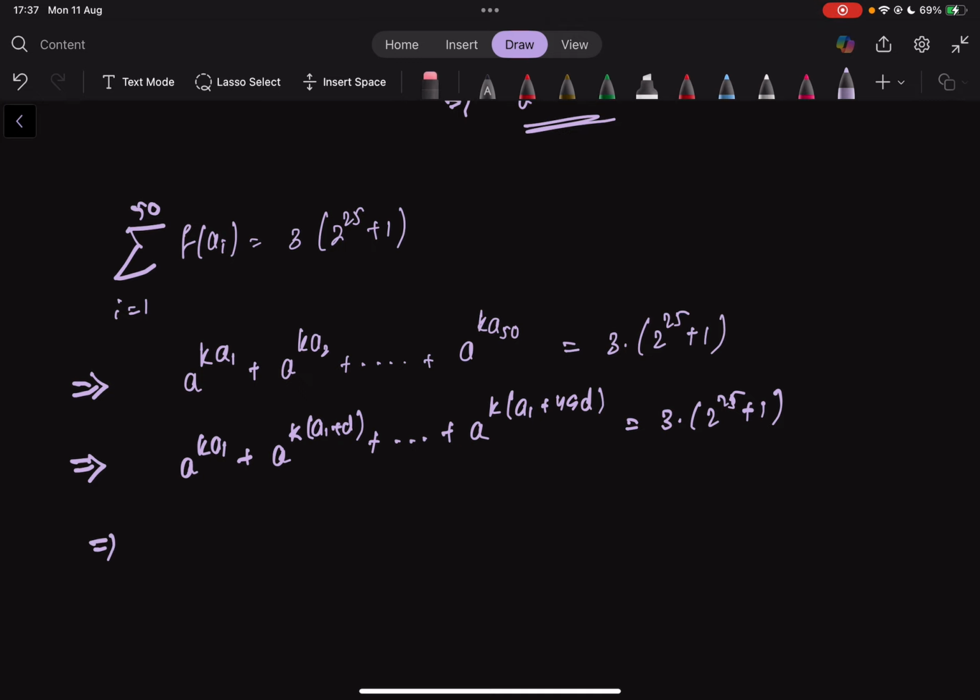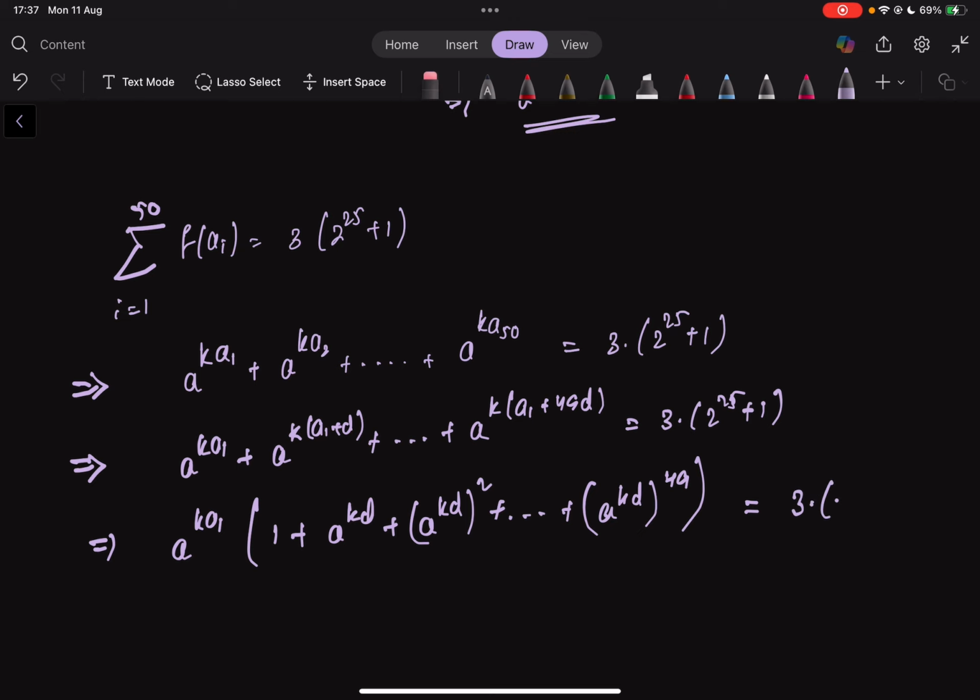Now if we take a to the power k a1 common, that is 1 plus a to the power kd plus a to the power kd whole squared plus and so on up to a to the power kd whole to the power 49. So this thing is 3 into 2 to the power 25 plus 1.